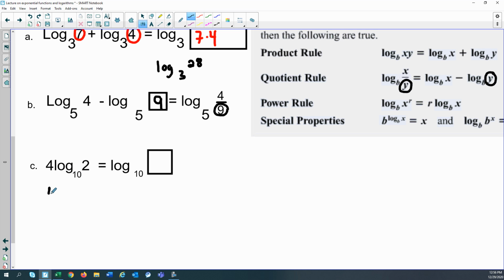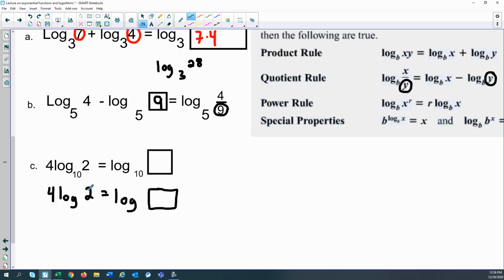So this could really be written as 4 log 2 equals log of our missing value. Okay, the 10, if it's not written there, is assumed to be there. So either notation here is fine. More likely you're going to see it with the missing 10 than with the 10.